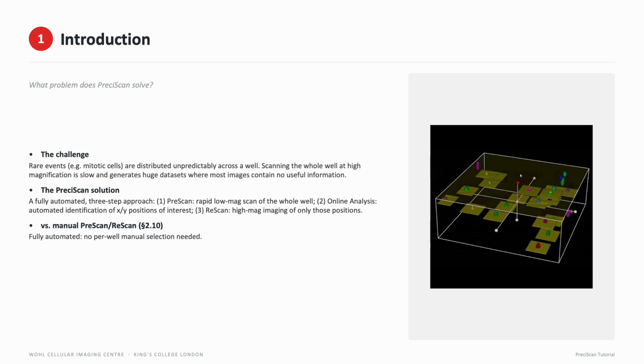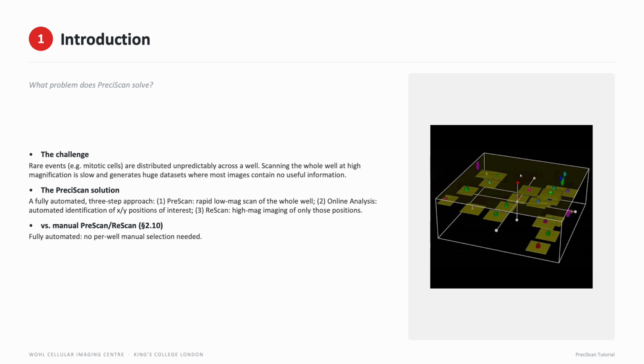So what is PreciScan? It is an approach to automating pre-scan online analysis and high magnification rescan. It's particularly useful for imaging rare events, for example, dividing cells that are distributed unpredictably and unevenly across a well, because it allows you to perform a low magnification pre-scan.